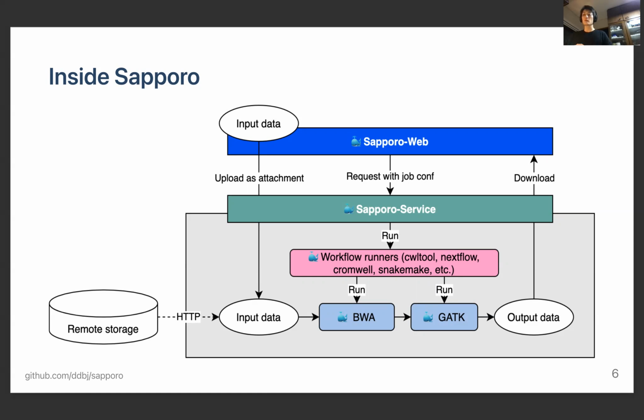Once you register a WES endpoint on the GUI, you can send a request to the API layer, which is called Sapporo Service. The service runs a workflow runner, and the runner runs the tools of the workflow. All these components run in Docker containers that you can easily deploy with Docker Compose.